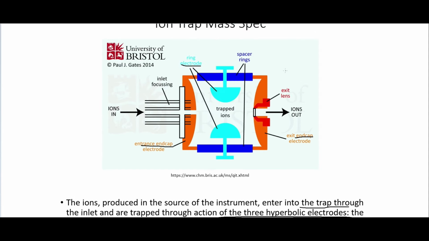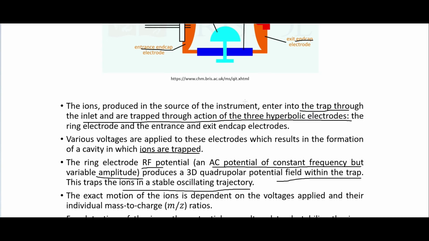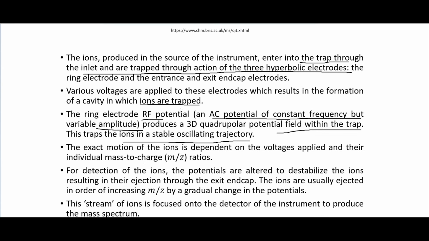So the ions are inside this thing in an oscillating trajectory, essentially just spinning around in a circle inside of there. So the exact motion of the ions is dependent on the voltages applied and their individual mass to charge ratio. So again, that's the thing we're always looking for here in our mass spec, is the mass to charge ratio.